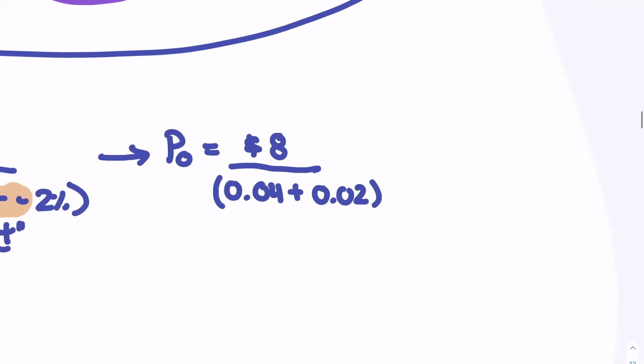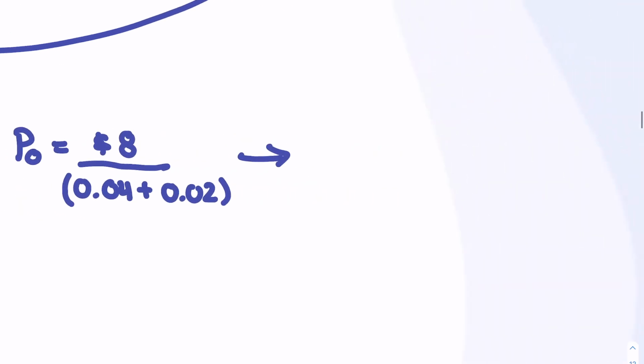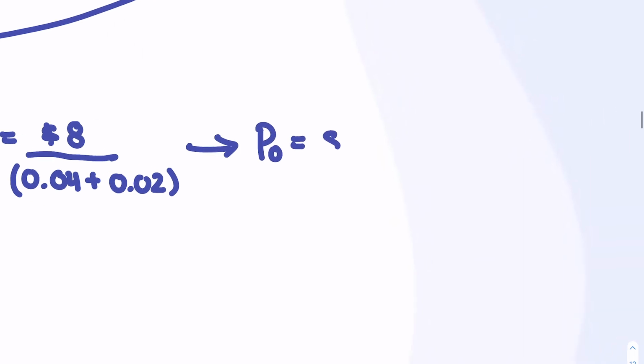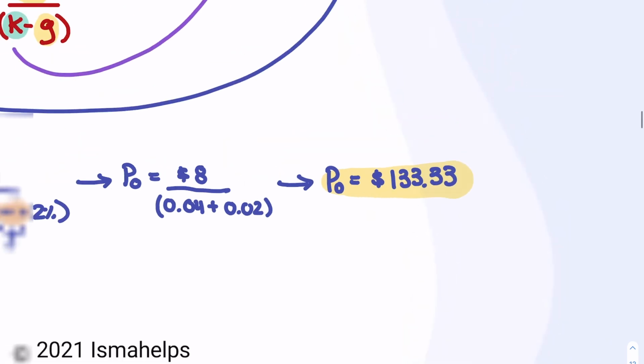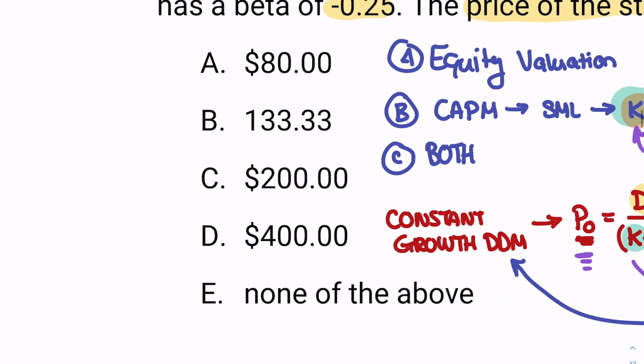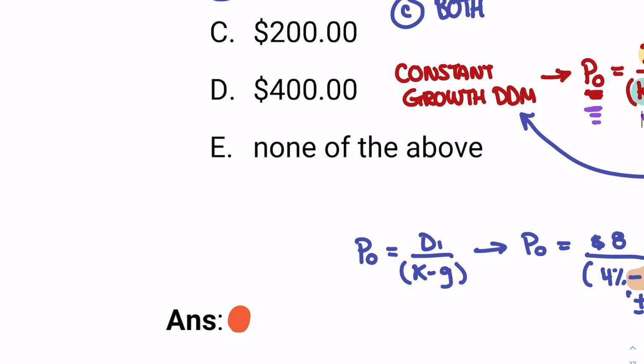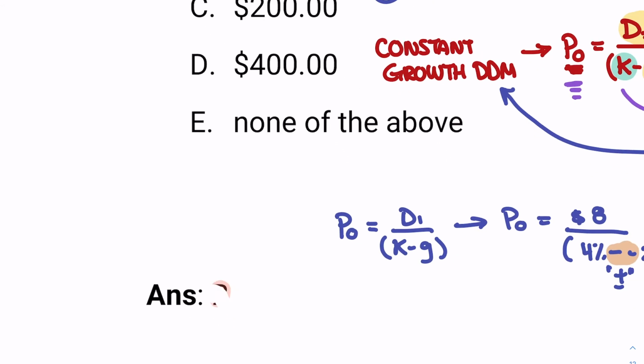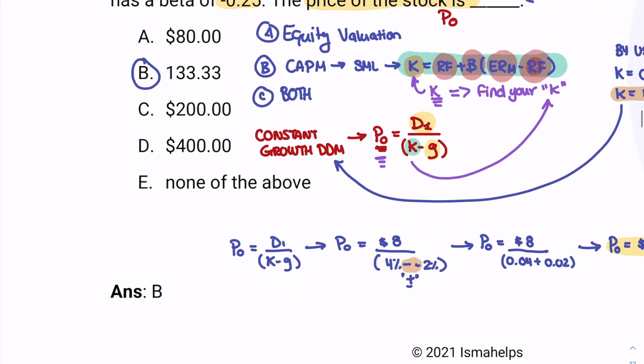And then you get that your price today is equal to 133.33. All right. And then we would say that it's B. And if we look at what the actual answer is, we quickly see that the answer is actually B.